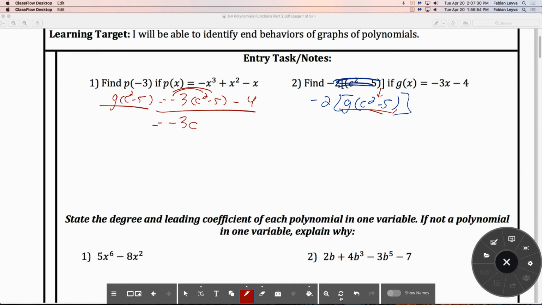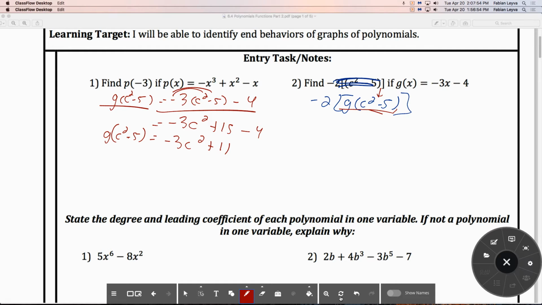This ends up being -3c squared plus 15 minus that 4. Don't forget the -4. And now you do the addition, subtraction, and clearly we can only combine the last two parts, right? 15 minus 4 would be 11. There you go. So g of c squared minus 5 equals -3c squared plus 11.